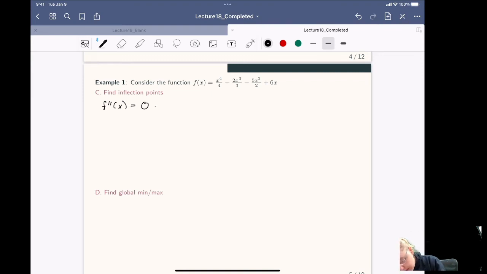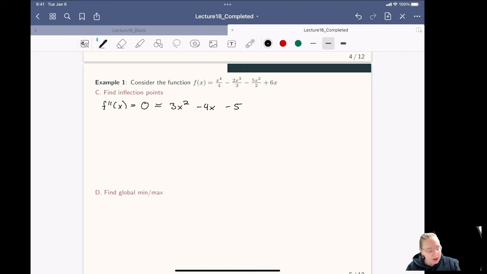We have f double prime is equal to 3x squared minus 4x minus 5. All right, how do we find the roots of this? Well, we have to use the quadratic equation.